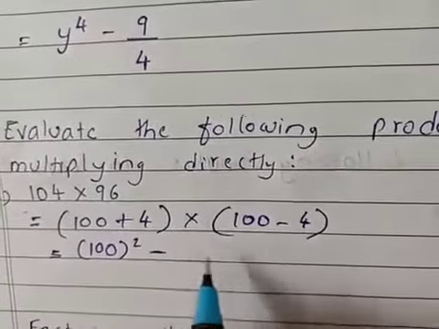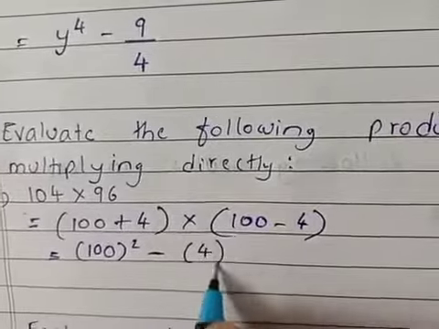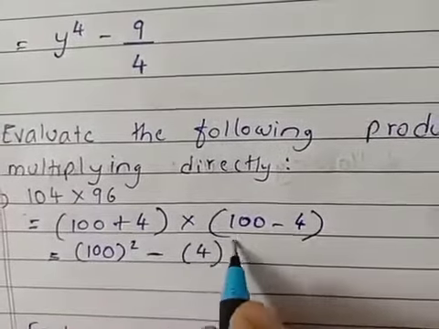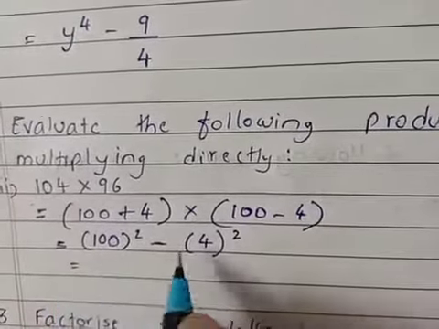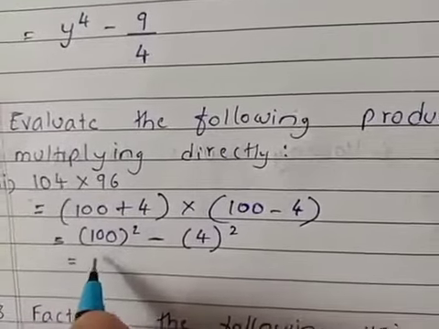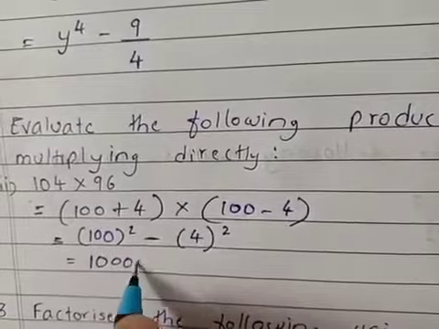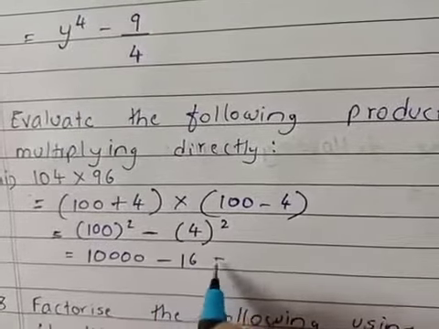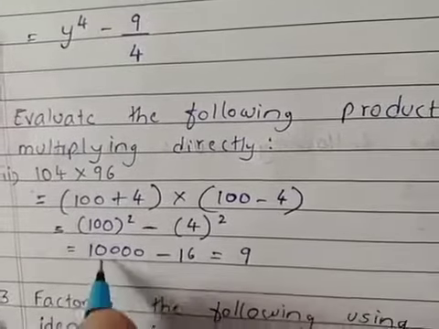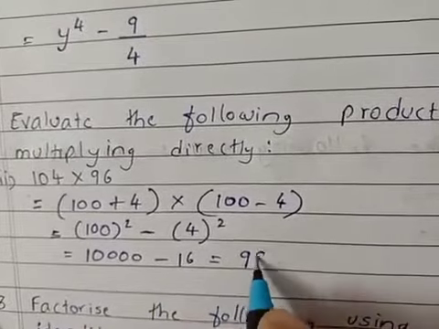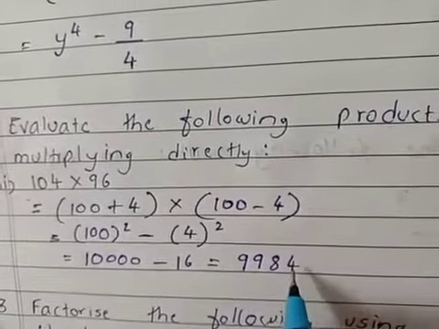If you remember that formula, a square minus b square. Here b is 4, so 4 square. Now 100 into 100 is 10,000 and 4 square is 16. So what is the answer? 10,000 minus 16 is 9984.